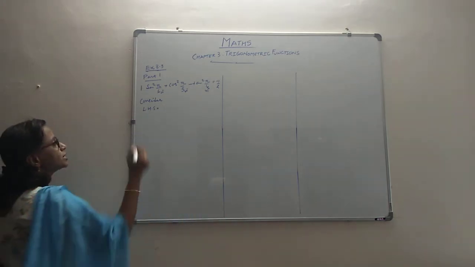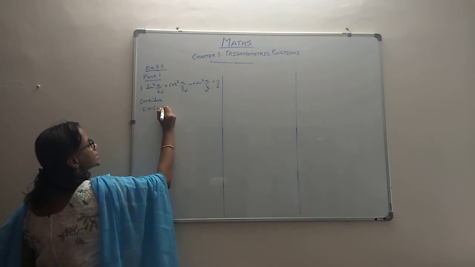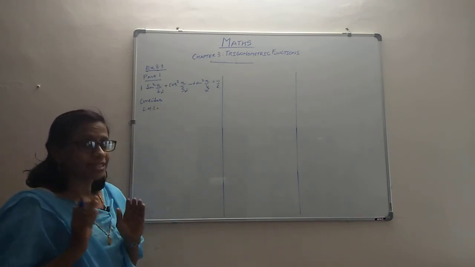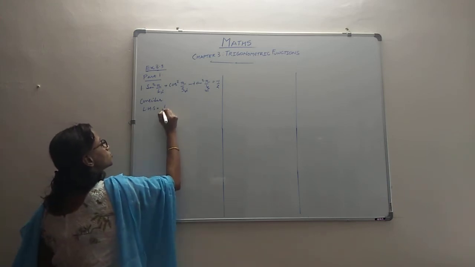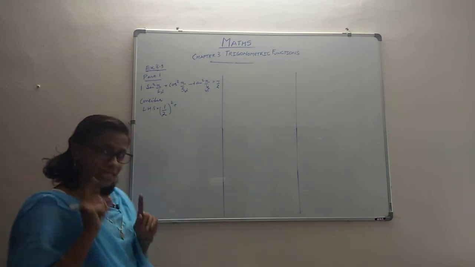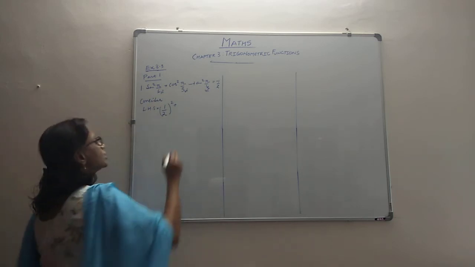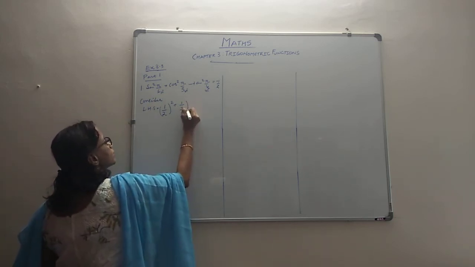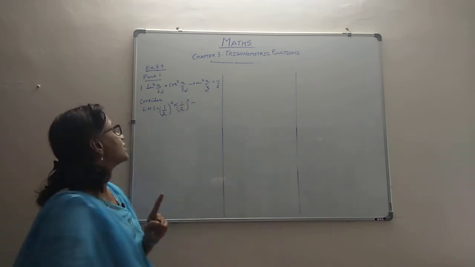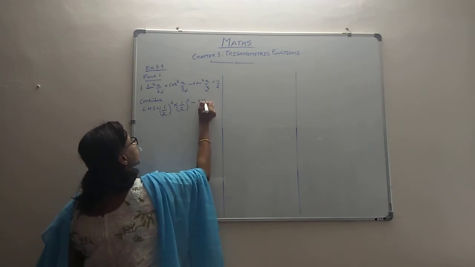So let's substitute. Sine squared 30: we know that sine 30 is half, so it is going to be half square. Cos 60 we know is half, again squared, so it's going to be half square. Then minus tan 45, we know is 1, so it's going to be 1 square. Let's solve this.